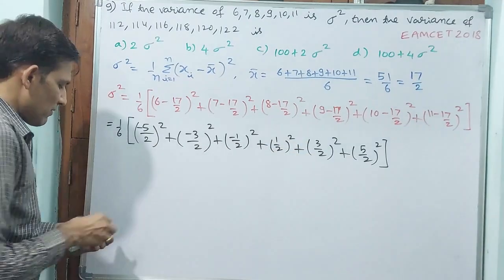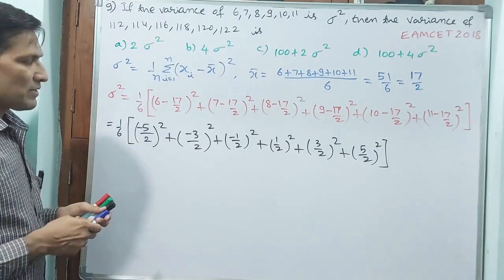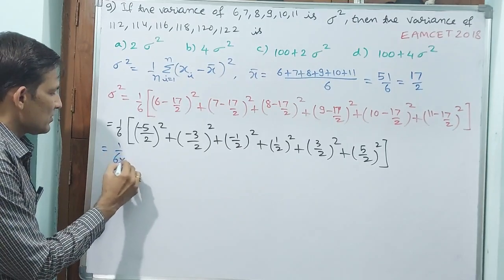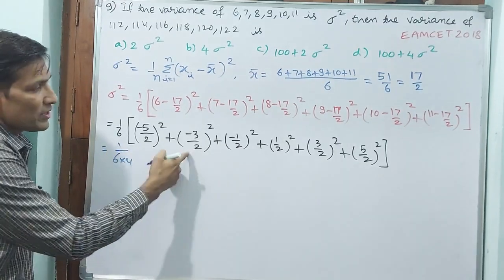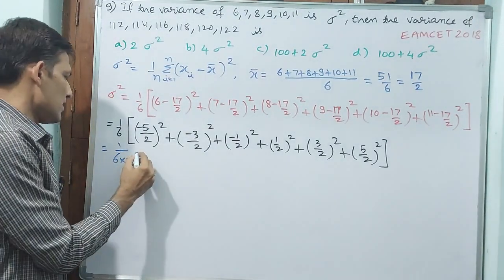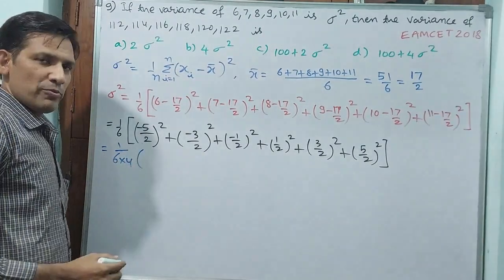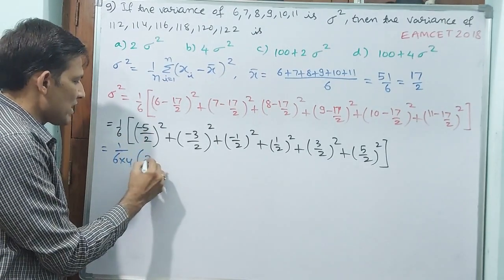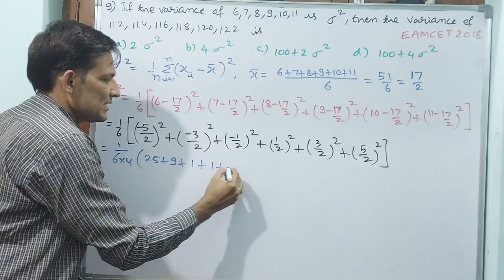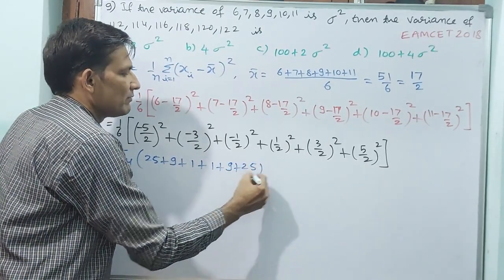Now I can take common 4, because 2 square means 4, 4 will be in the denominator. Now take common, that means 1 by 6 into 1 by 4. Now you see here, only put parenthesis. 5 square is 25, 9, 1, 1, 9, 25.